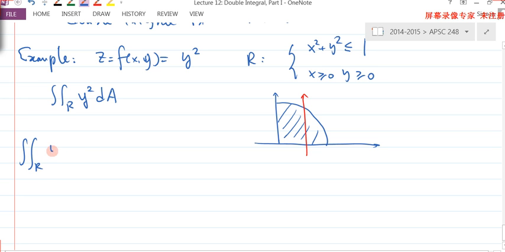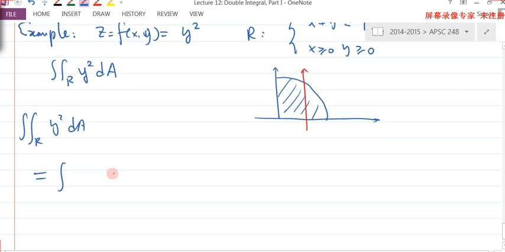This double integral will equal two integrals. First is the y, next is x. For the y limits, this is what we draw. First contact is 0.